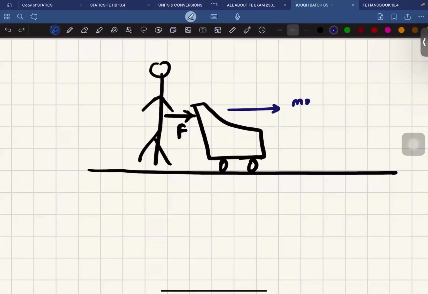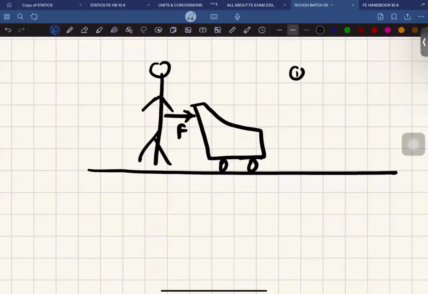And suppose there is some other notorious guy in the Walmart and he stands in the opposite direction and applies the same force F. Now, will it move or stay at the same position? Both forces are the same, so it will stay in equilibrium. Yes, if both forces are the same, the body will be in equilibrium. It is at rest.